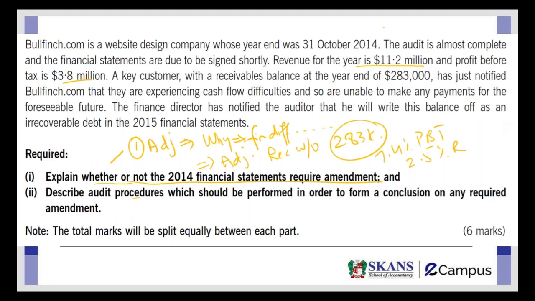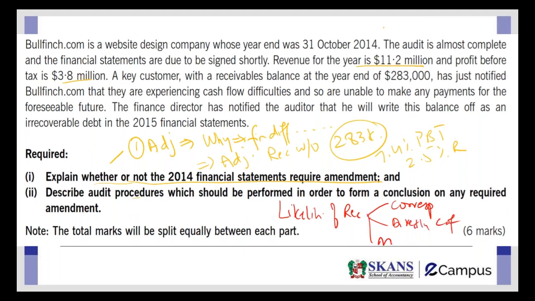So again, just very quickly, if I summarize this for you, I will give you no marks for general answers. To discuss or evaluate the likelihood of recoverability, I could inspect the correspondence between Bullfinch and the client. I could directly confirm from the client.